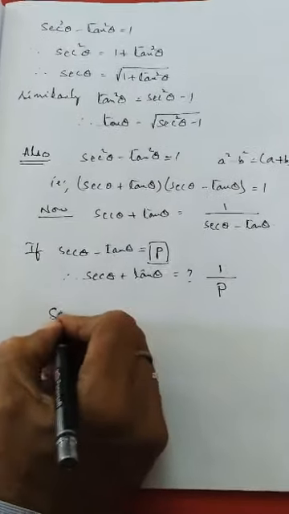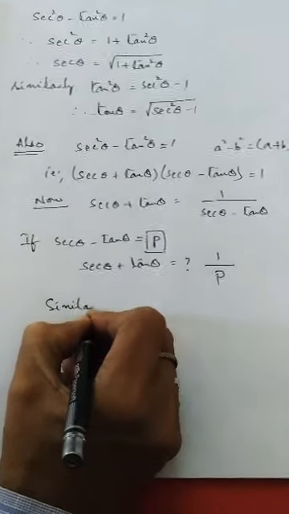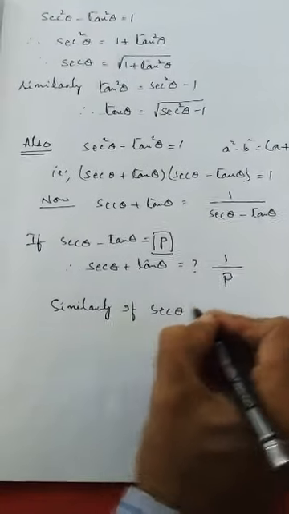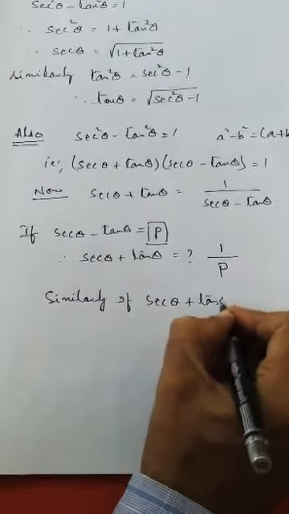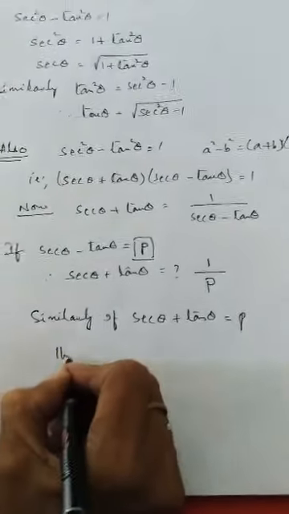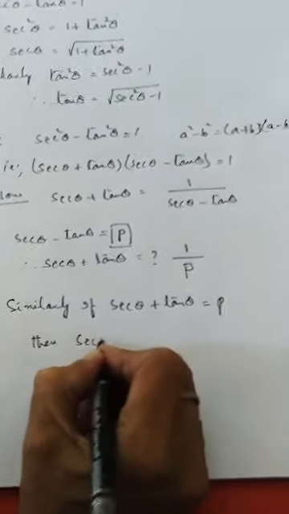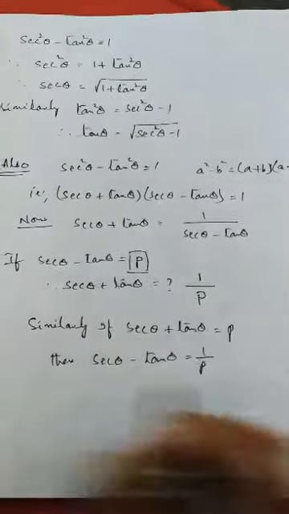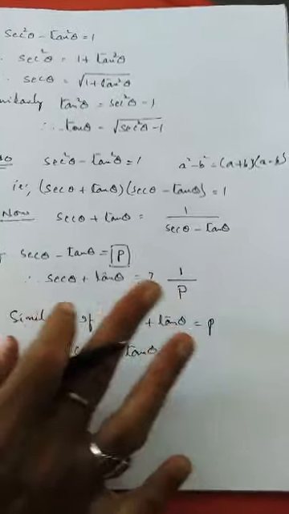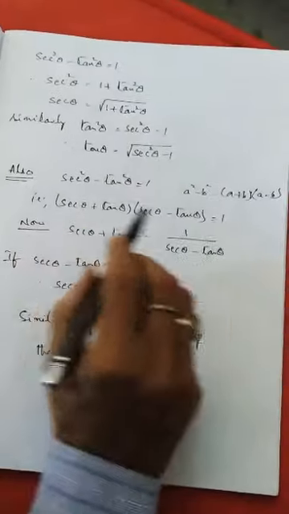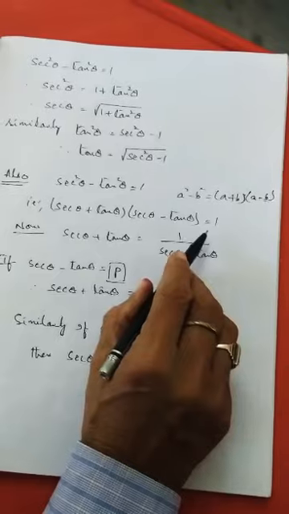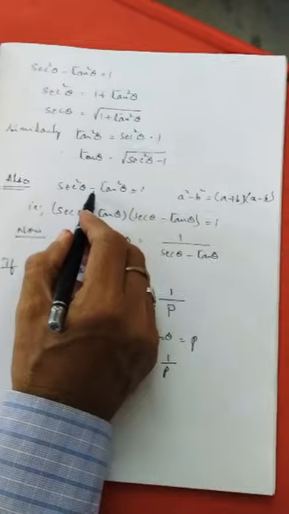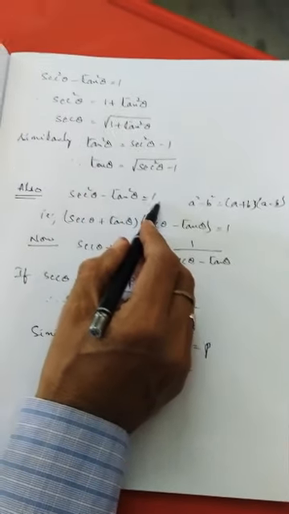Similarly, if secant theta plus tan theta is equal to P, then secant theta minus tan theta is equal to 1 by P. So you remember these two concepts very clearly. Again I am repeating for the sake of your benefit, all of you listen carefully. We took the identity secant square minus tan square theta is equal to 1.